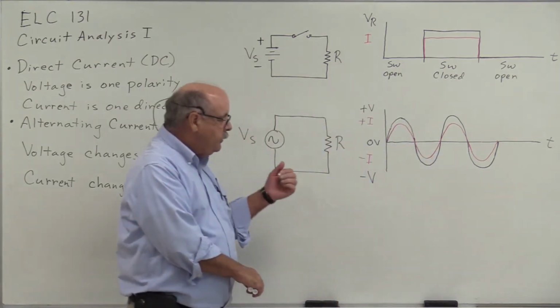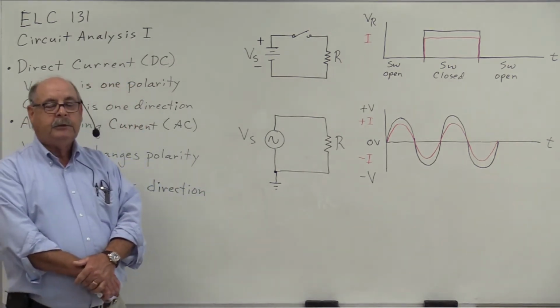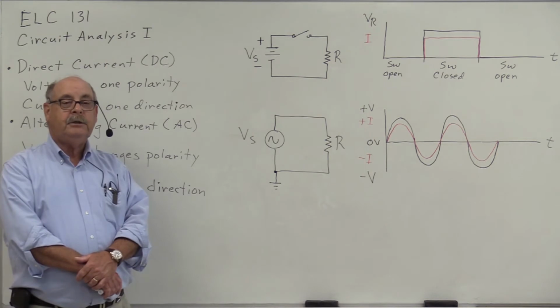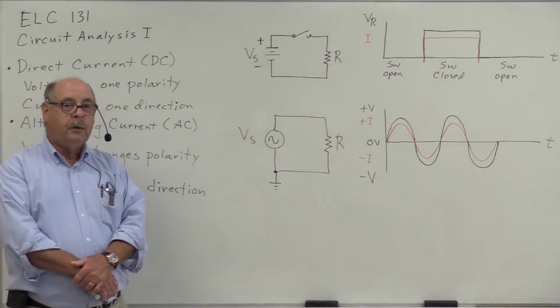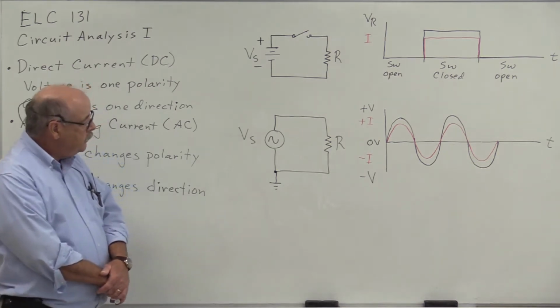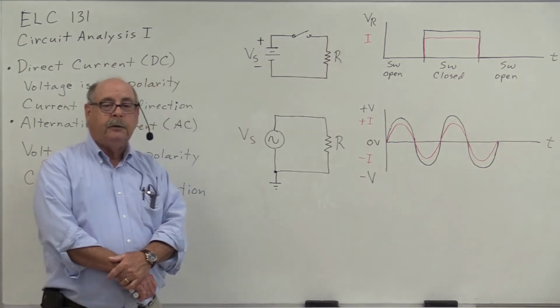So we see an example of an AC source, and this AC source is actually a sinusoidal AC source. We'll talk much more about that later. And this AC source is connected to a resistor.